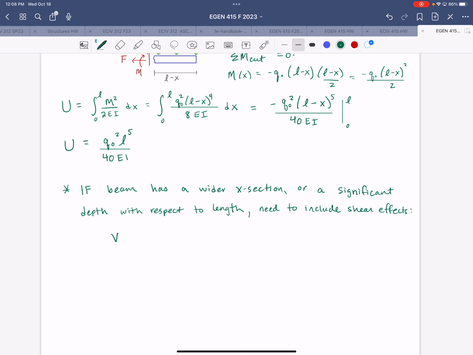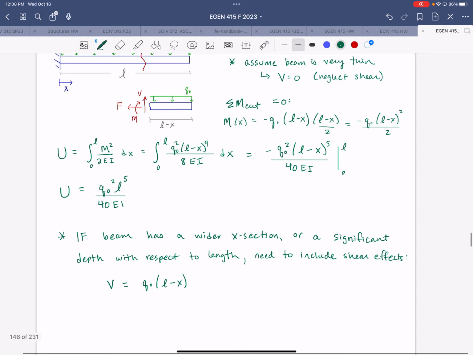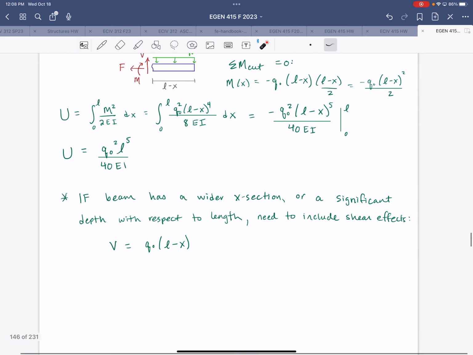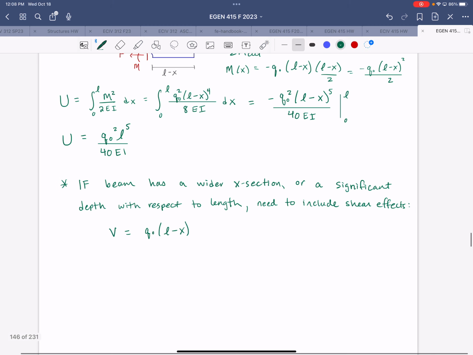So we would need an expression for V in terms of Q. That would be Q naught times L minus X, just going back to our free body diagram here and then summing forces in Y. So then the strain energy would be the integral from 0 to L of our moment term, which is Q naught squared times L minus X quantity to the 4th over 8EI.